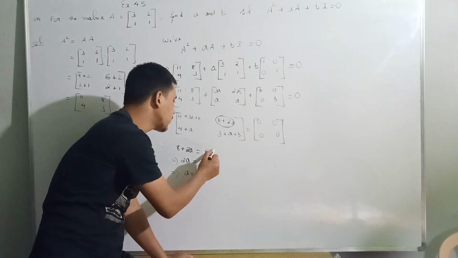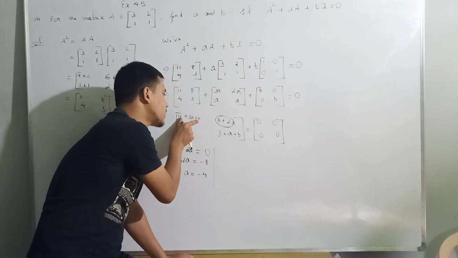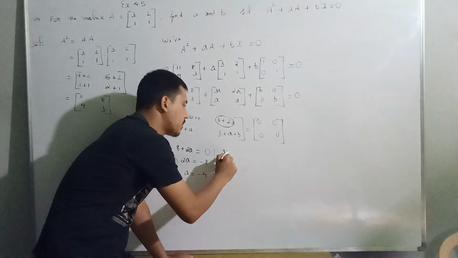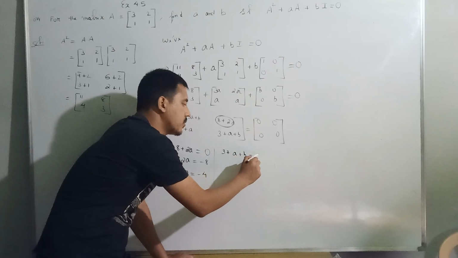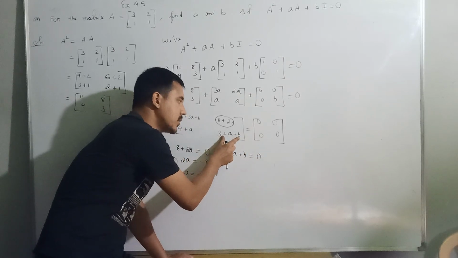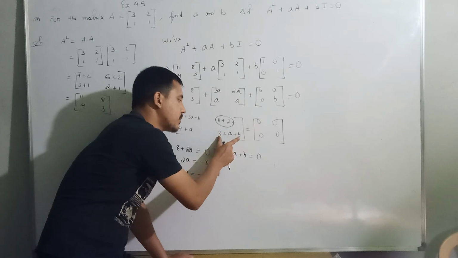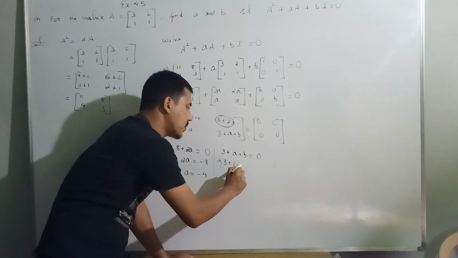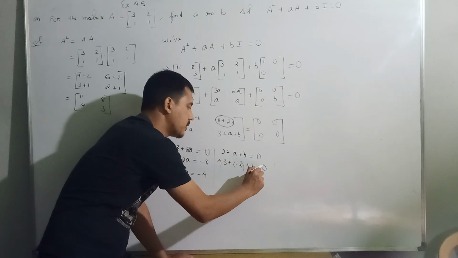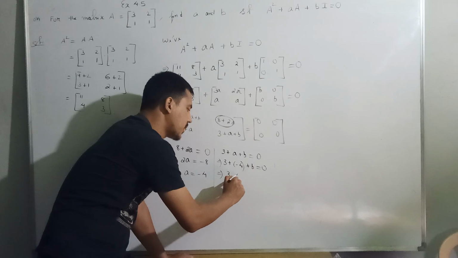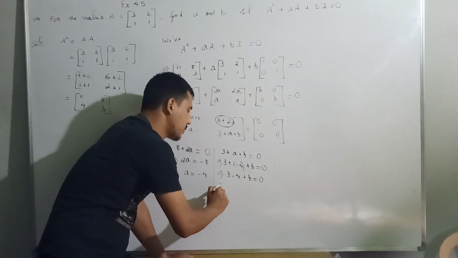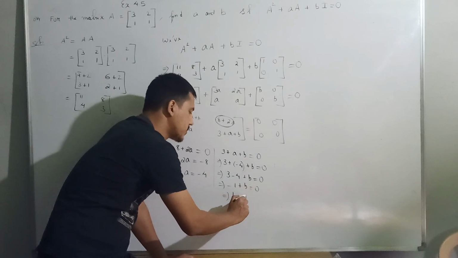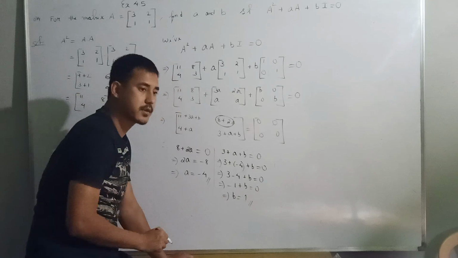And then in order to find out b, I can take this element. 3 plus a plus b is equal to 0, right? And this element corresponds to this. So 3 plus we have obtained a, which is minus 4, plus b is 0. Minus 1 plus b is 0. This gives you b as 1. So the scalars a and b have been determined using the given condition.